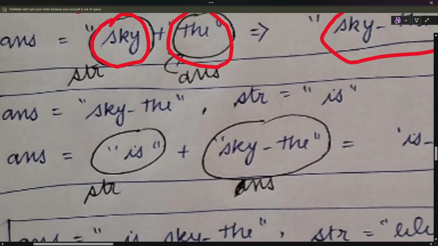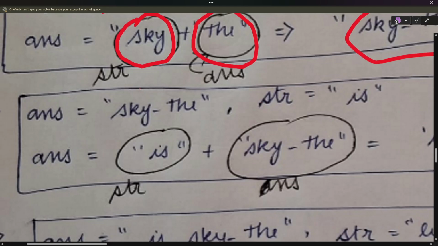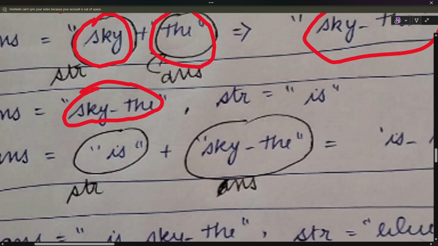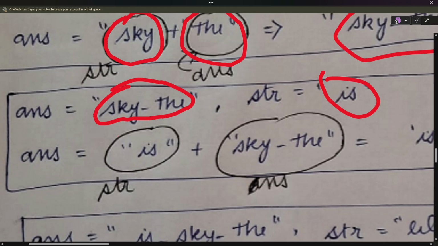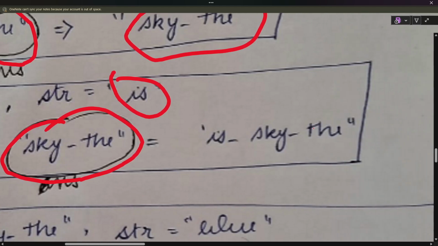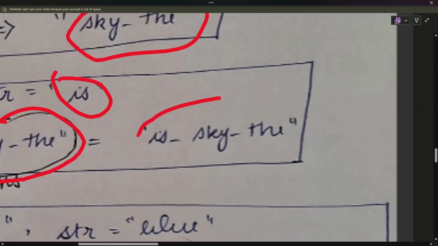Okay, so the answer is currently "sky the", and the string is "is", right. So if we add "is" and append the answer to it, it becomes "sky the", as you can see.